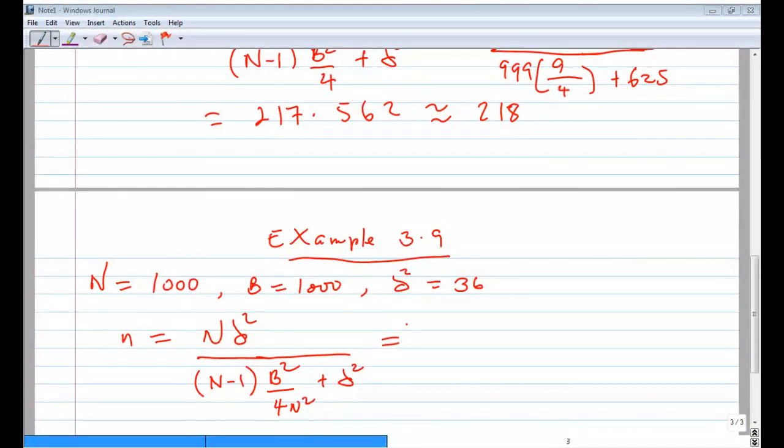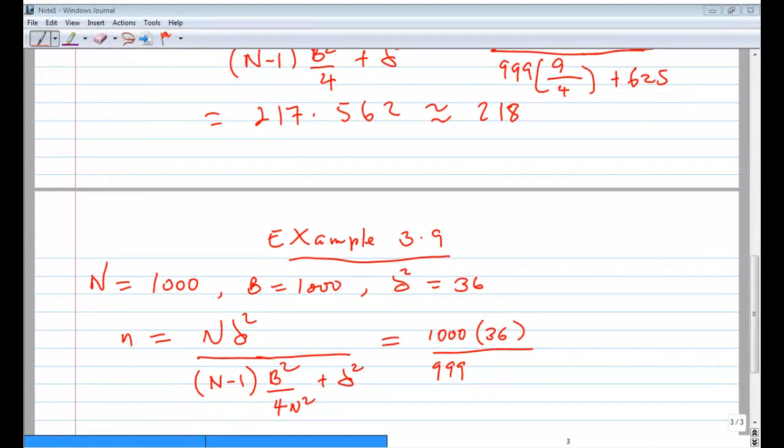This is the formula that you're going to use. So the population size is 1,000 and the variance 36. Then you divide by 999.